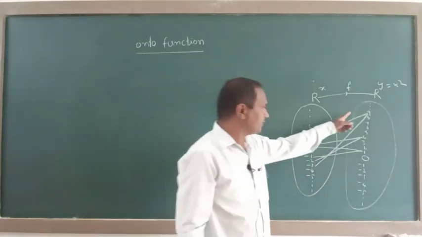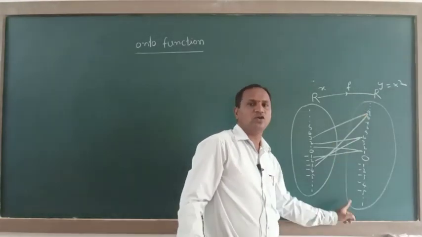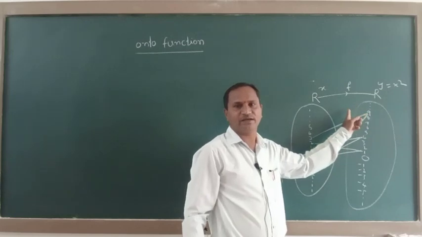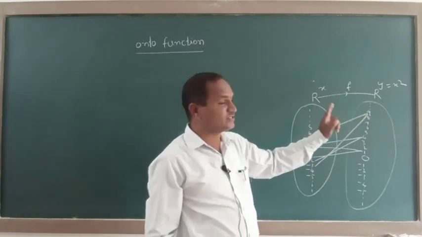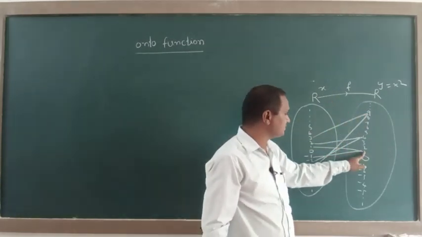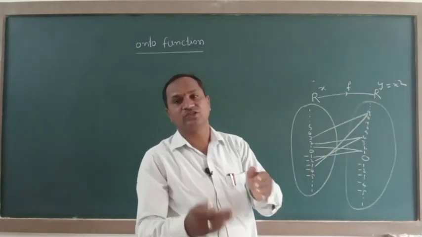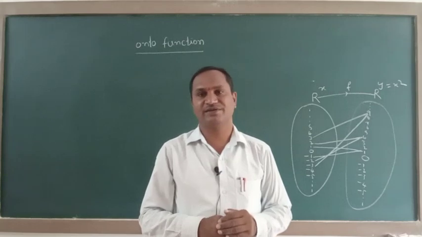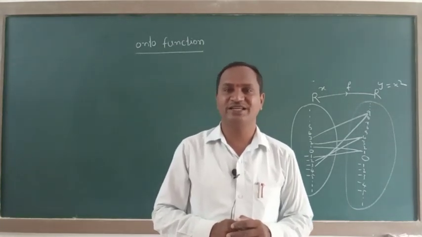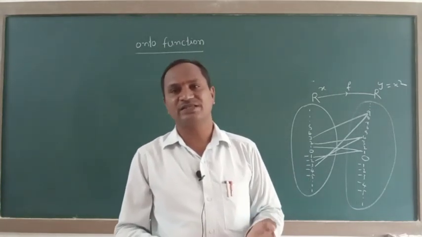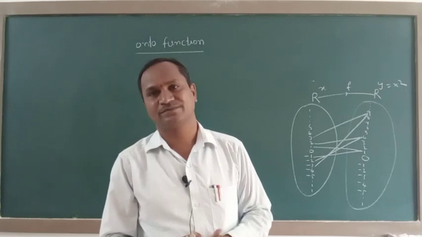Here, the whole codomain is the set of all real numbers, but the range is only the set of all images 1, 4, 9, 16, 25. Like that, you will get only perfect square numbers. At that time, easily we can say codomain is not equal to range.